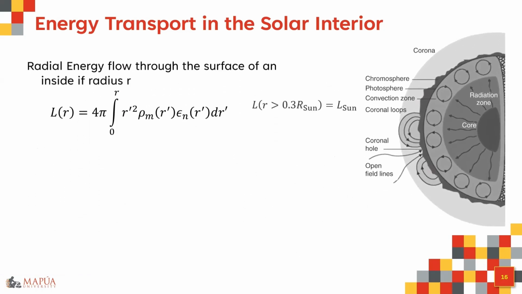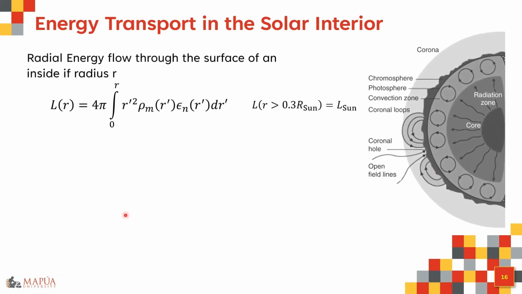Again, this is the energy flow through the surface of a sphere of radius r. The majority of the energy transferred inside the sun takes place mainly by diffusion, and this diffusion happens through two mechanisms.